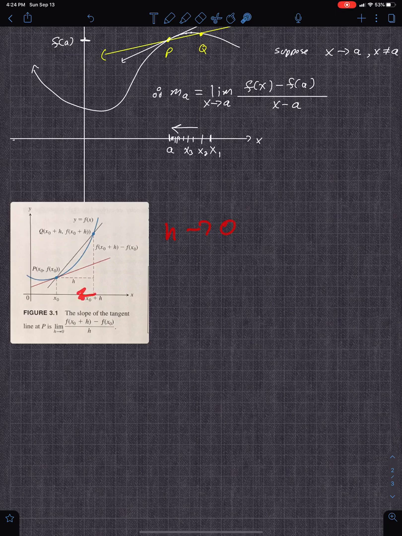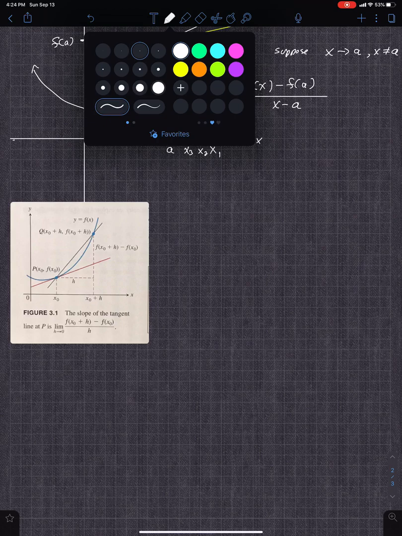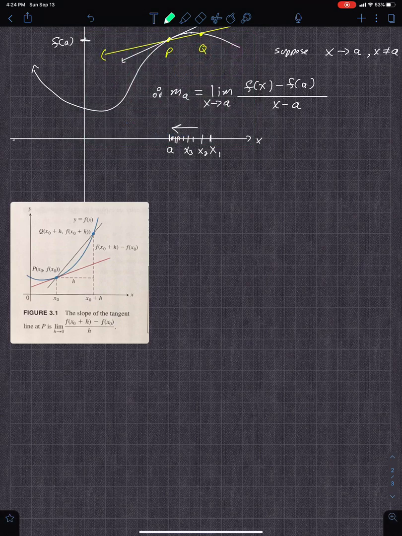So it's going to come in like this, because this value here is getting smaller and smaller. So it starts going closer and closer to here. This secant line is then getting closer and closer to eventually being that tangent line. Okay, so that's our goal.